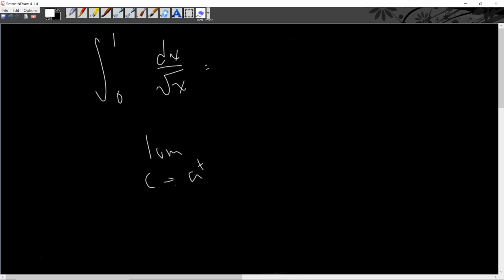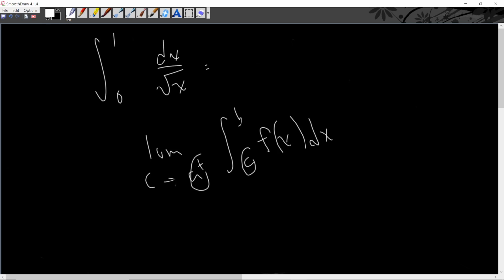So this will be approaching 0 from the right, which is c approaching a plus, of this integral from c to b, because again, usually we would have that integral from a to b, but right now we can only approach a, we can't actually get to a, so we're going to plug in c instead, and then we're going to have the integral of f of x dx.